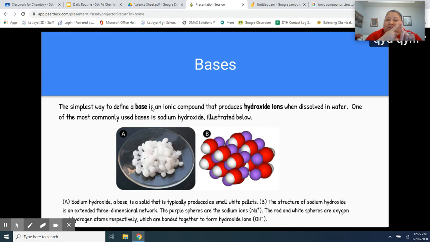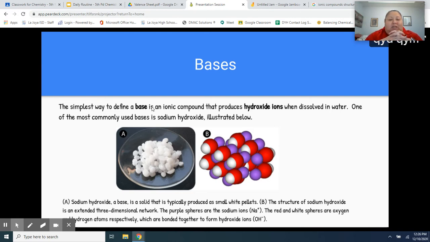Technically, we've already covered naming and formula writing for ionic compounds, so you know how to do this, but we're still going to review it. The second part of this definition is that anytime you drop a base into water, hydroxide is always going to break apart on its own.